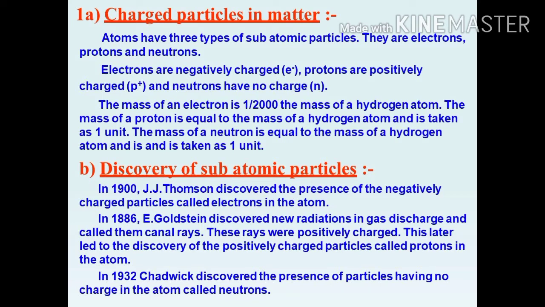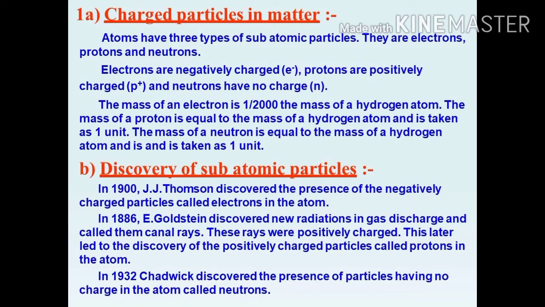The mass of a neutron is also equal to the mass of a hydrogen atom and is taken as 1 unit, which means the mass of proton is equal to the mass of neutron. Both are equal to the mass of hydrogen atom. Did you understand? But the mass of an electron is 1 by 2000 the mass of a hydrogen atom, while the mass of one proton is equal to the mass of a hydrogen atom, and the mass of a neutron is also equal to the mass of a hydrogen atom.